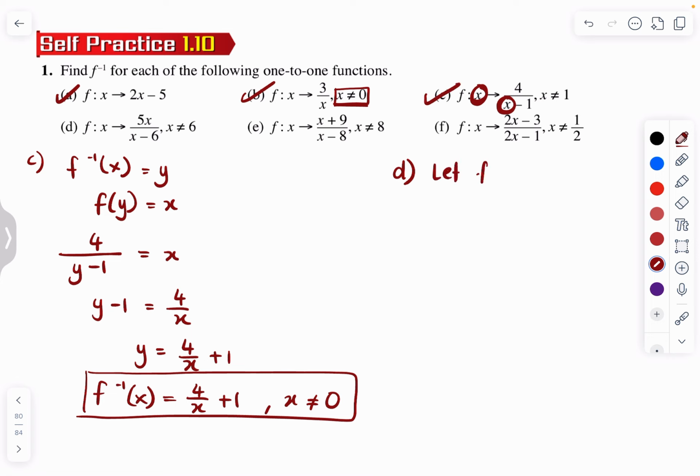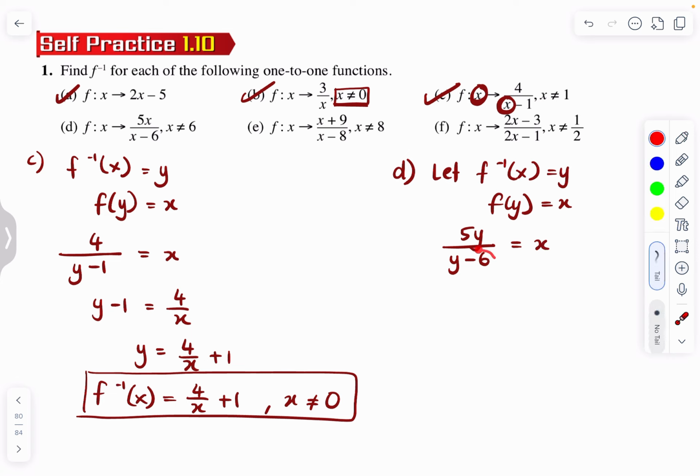The steps are the same. Let f inverse x equal y. f of y equals x. So if f of x is 5x over (x minus 6), f of y would be 5y over (y minus 6). To make y the subject here, we just multiply this with the x.